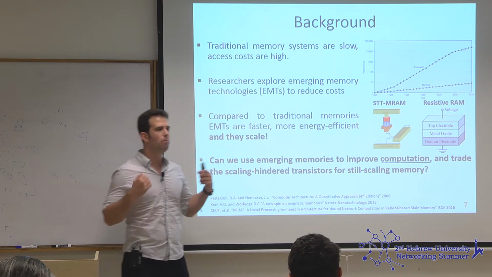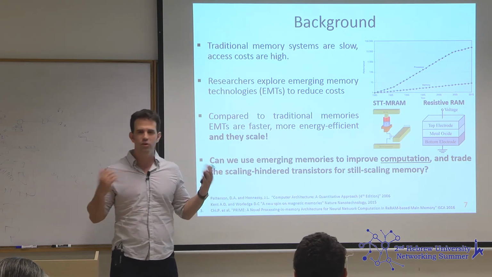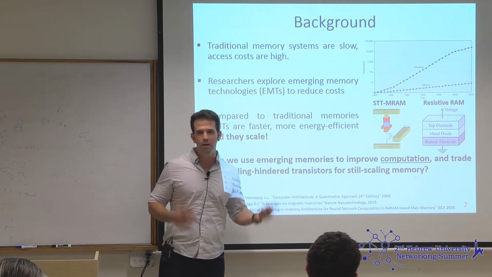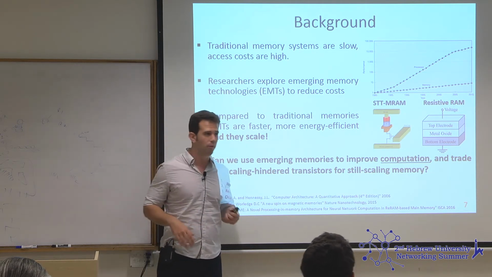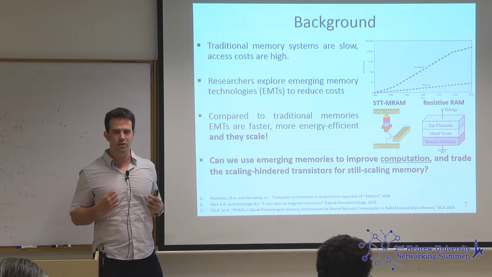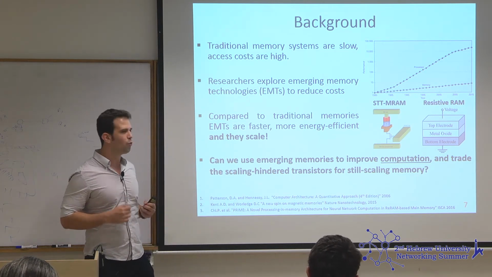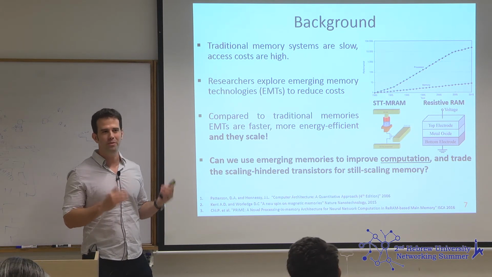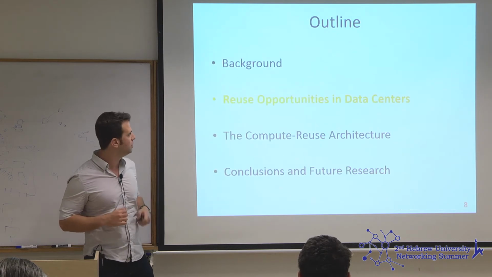Compared to traditional technologies like DRAM and SRAM, they scale better, have higher energy efficiency, and higher performance. So we would like to ask ourselves, can we use these new memory technologies to compensate for the lack of scalability imposed on us by transistors?